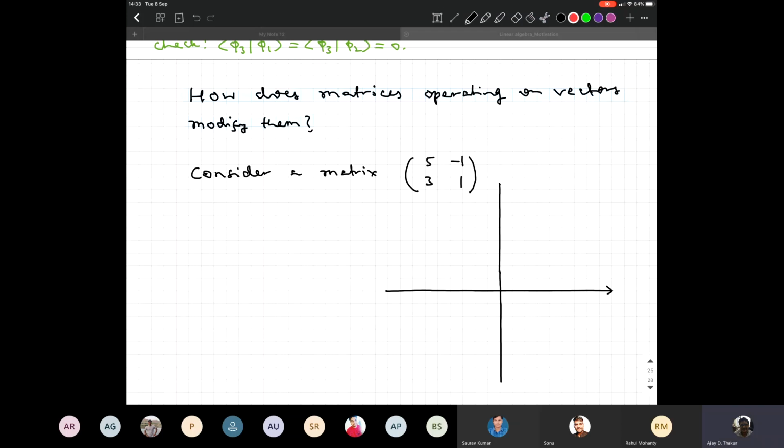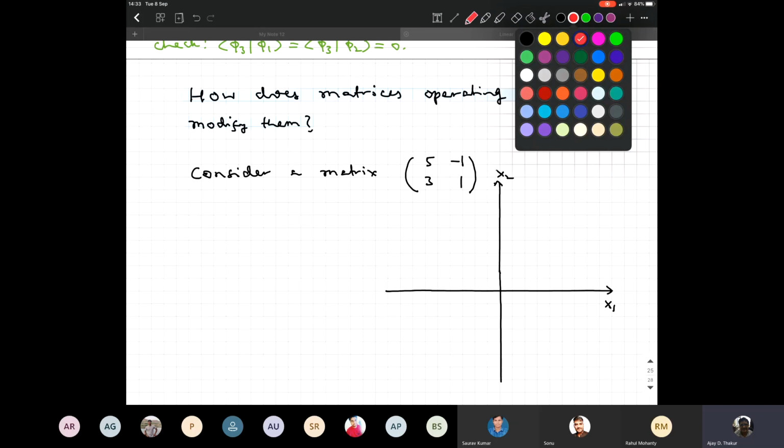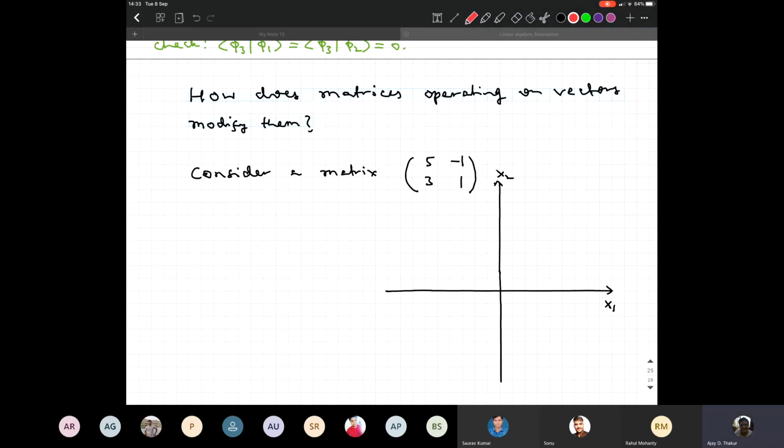projections about two axes. So let's call this x1 axis and let's call this x2 axis, and let's consider a simple vector which we mark as 1, 0. So 1, 0 is this vector, right? So this is 0, 1.